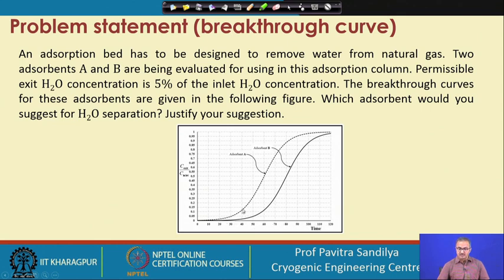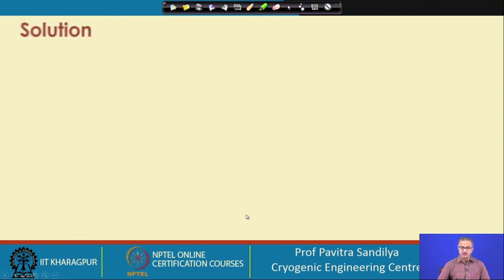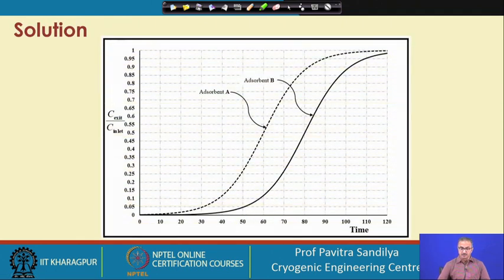And now we see that the nature of these two breakthrough curves seems to be almost similar, that is sigmoidal, but there are differences: for adsorbent A the breakthrough gets away from 0 of this normalized concentration at an earlier time than for adsorbent B. Now, to solve this problem, we will consider these plots, and locate the given permissible exit concentration, that is 0.05, and draw a straight horizontal line, and the intersection points represent the breakthrough time.